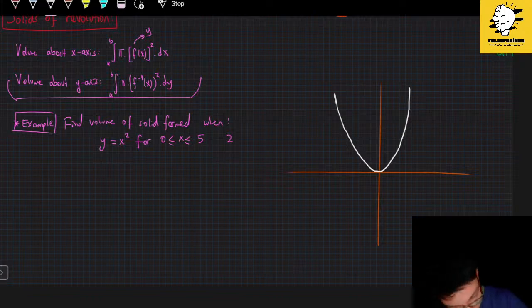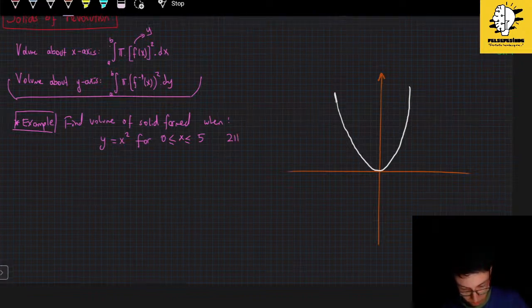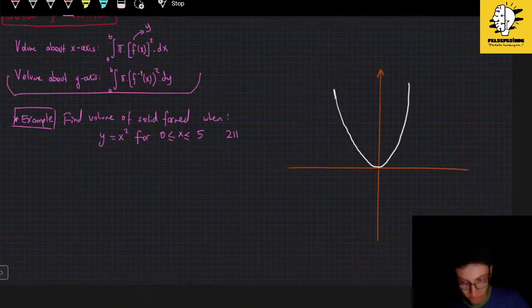Pi, and it is x squared, yes, isn't it? And then, it's not x squared, guys. It's x to the power of 4 dx. And when we do it, we will find that pi times x to the power of 5 over 5 in square brackets, and it is 5 and 0.